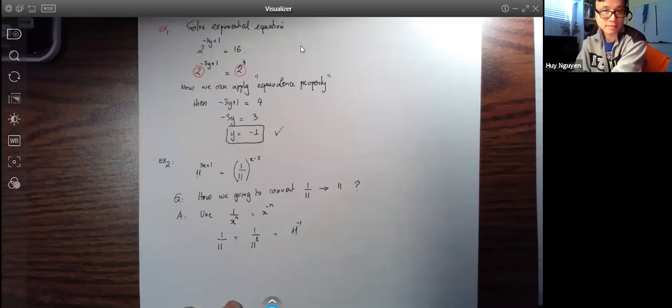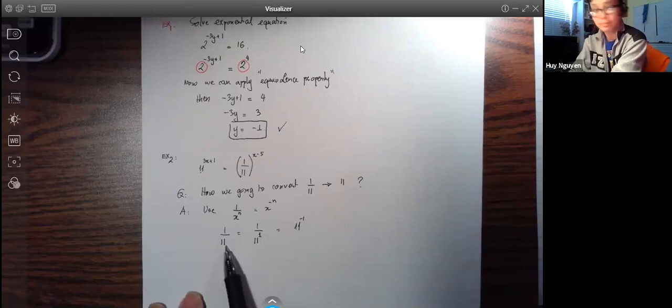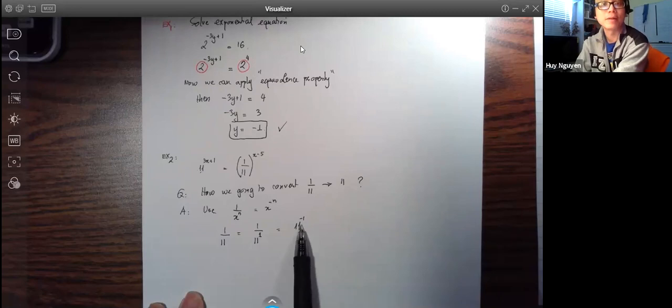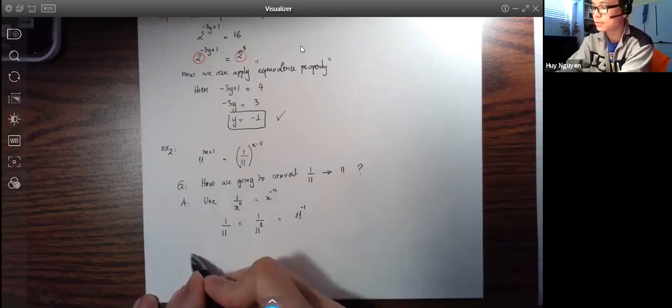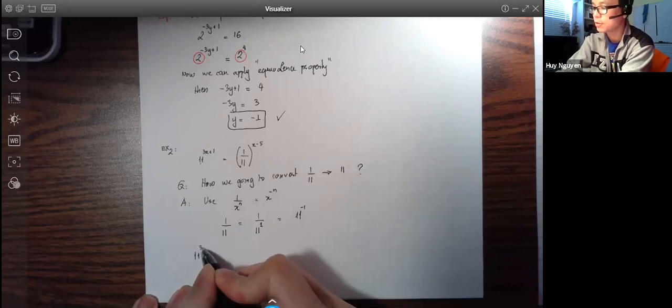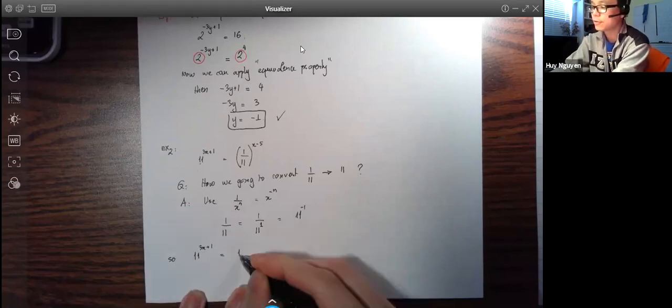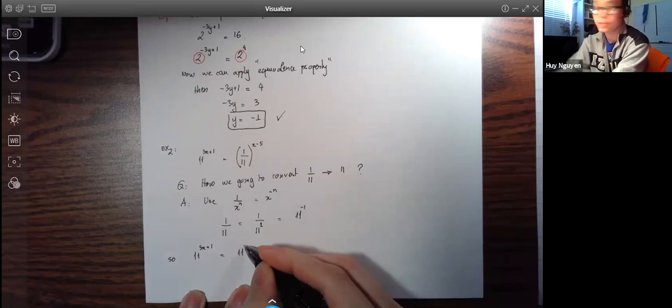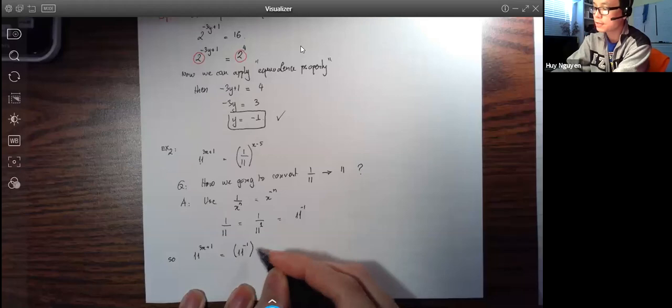Everybody can see that. Good. So right now what do we have? We can write 1/11 as 11 to the negative first power. So my question right now becomes 11 to the 3x plus 1 equals 11 raised to the negative first power, everything raised to x minus 5.